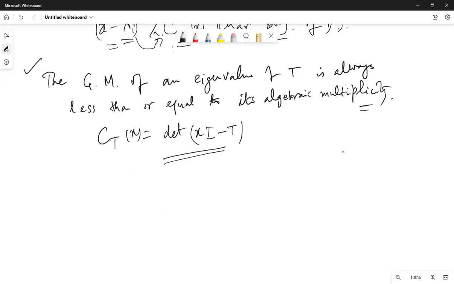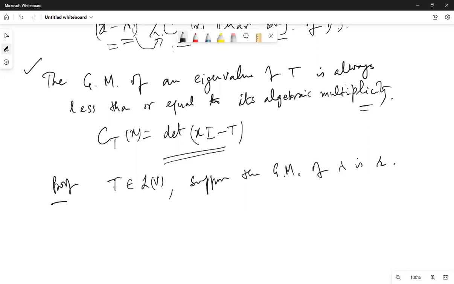So, proof. Let T be in L(V). Suppose the geometric multiplicity of lambda is r.